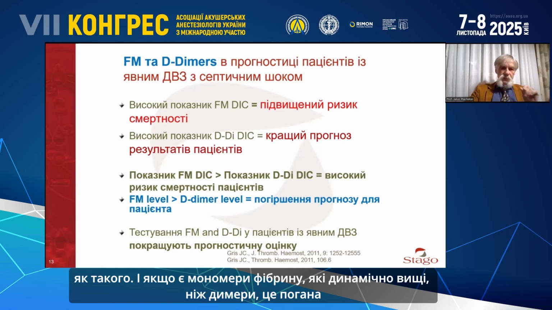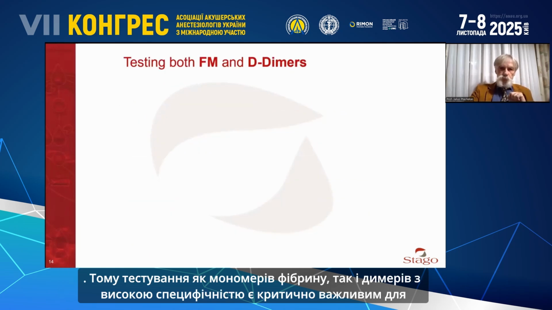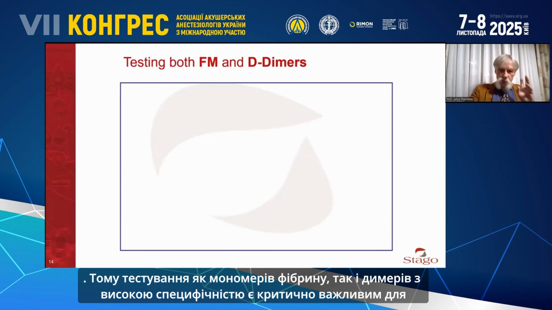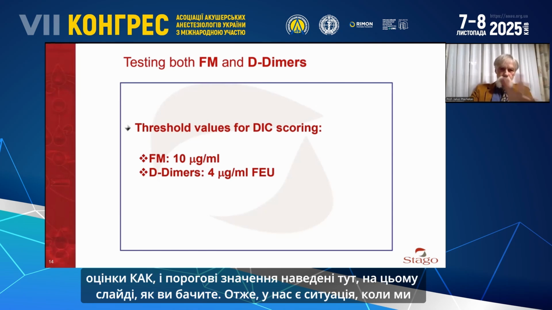It's a really bad sign, because thrombotic activation is very high, and prognosis usually is worse. So testing both fibrin monomers and high specificity dimers is critically important for DIC scoring, and thresholds are given here on this slide, as you see.